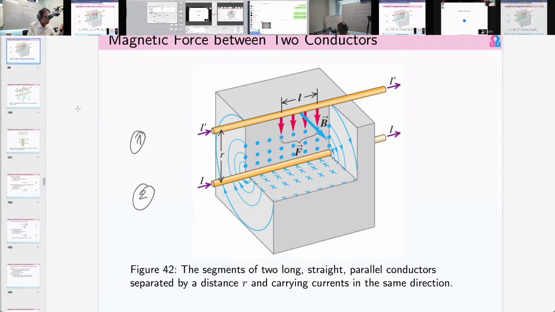We use I and I prime so that we can have any value for those two currents. It can happen that both currents have the same magnitude. It is possible as well. Back to GoodNotes. But we will take a look first at the force that would happen at the upper conductor, which is number one.